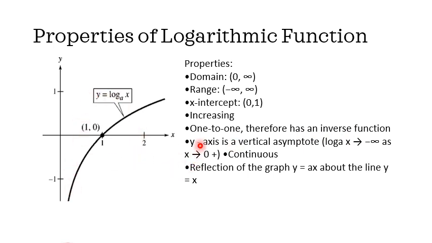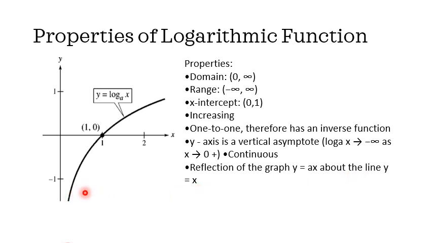Next, the y-axis is the vertical asymptote. It means as log x base a approaches negative infinity, x approaches 0 from the positive side. It is a reflection of the graph y equals a to the x about the line y is equal to x.